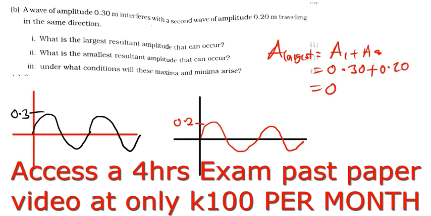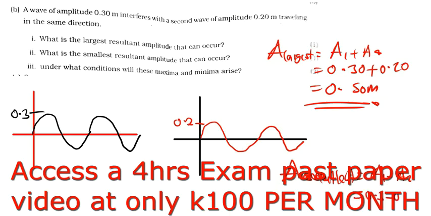So the largest amplitude will be 0.50 meters, meaning that we have constructive interference. Then the second one, they're saying the smallest is now part 2. We subtract it. So it will be A1 minus A2.